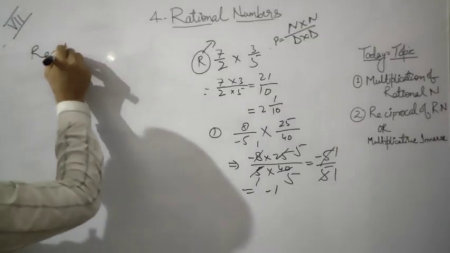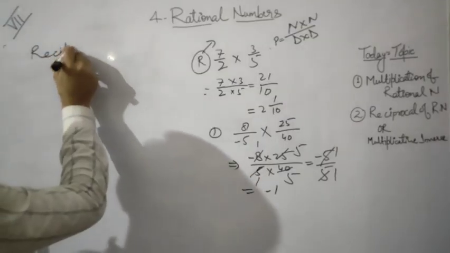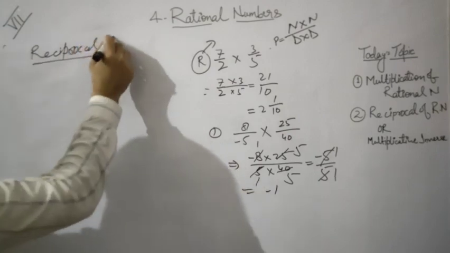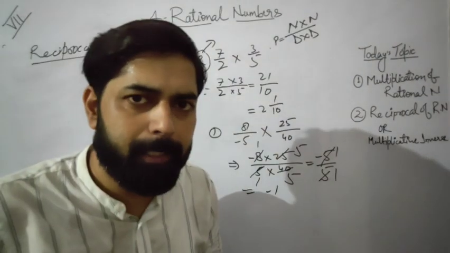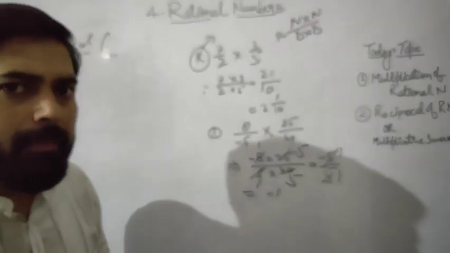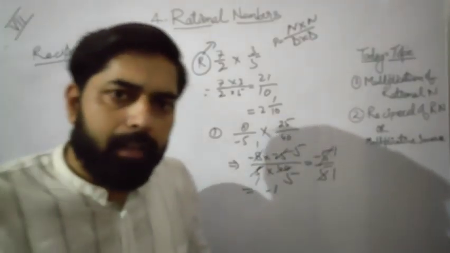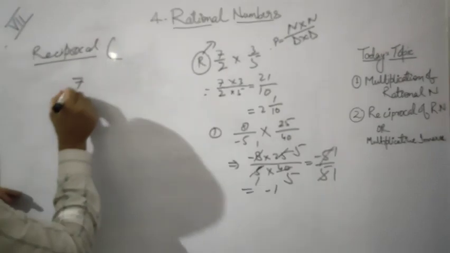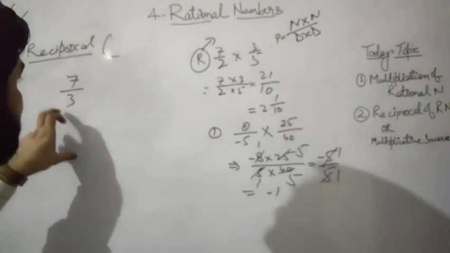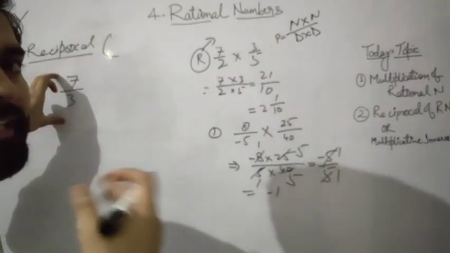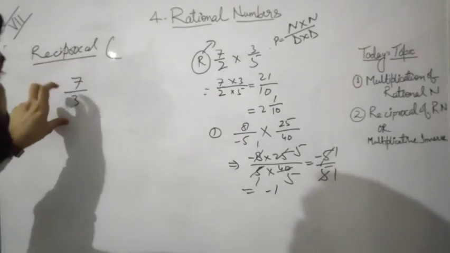So how can we write the reciprocal of a rational number, and what is the reciprocal of a rational number? Reciprocal means you can say the inverse or opposite. So like this, 7/3 is given here. The question is saying write the reciprocal of 7/3.